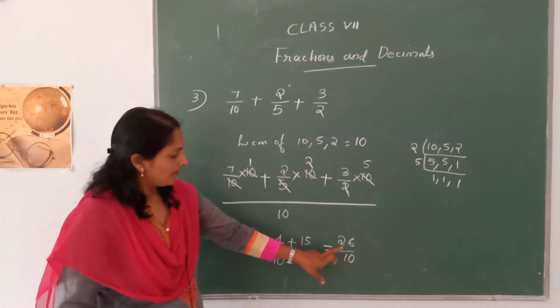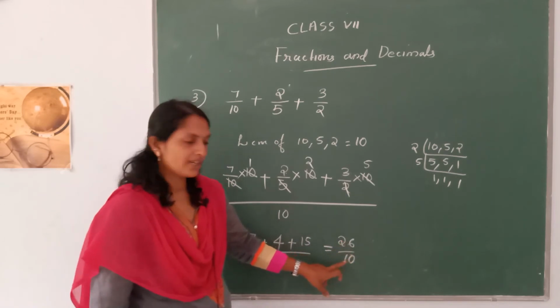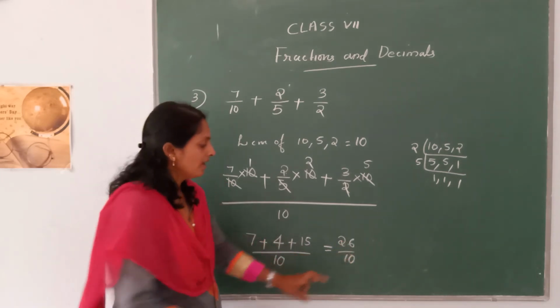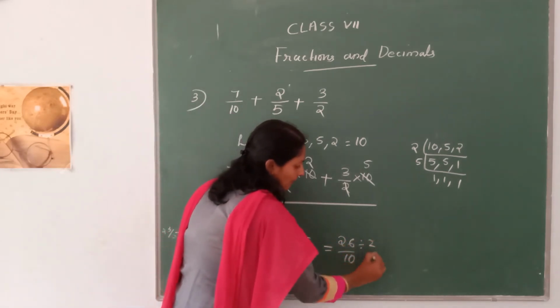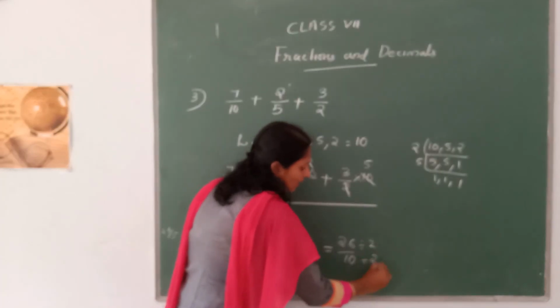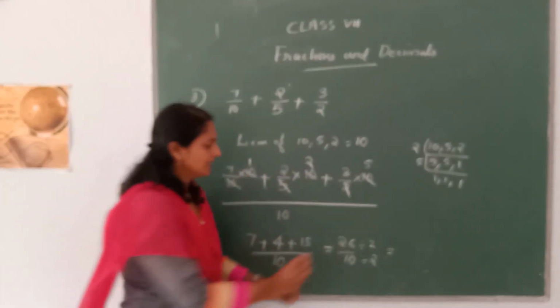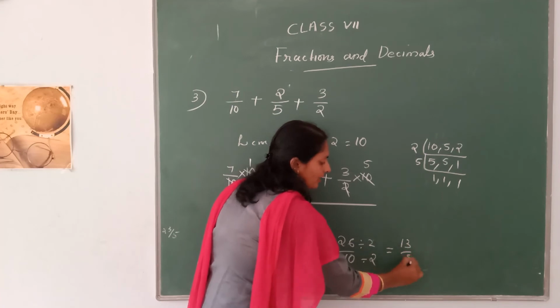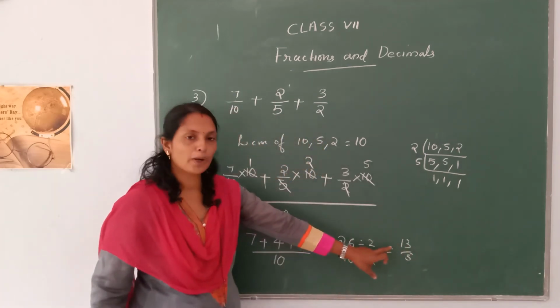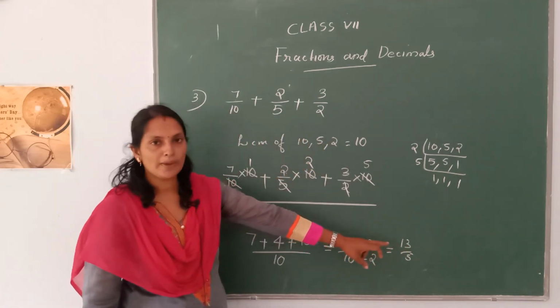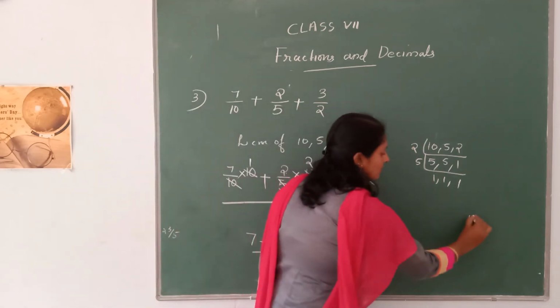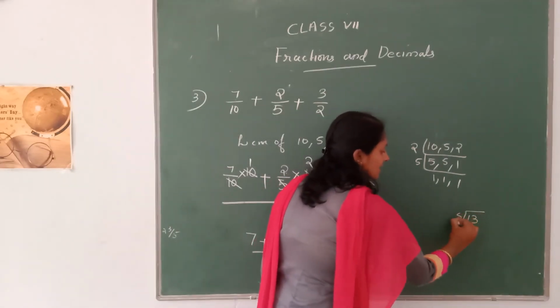Then the equivalent fraction of 26 divided by 10, dividing numerator and denominator by 2 we will get 13 by 5. You know that 13 by 5 is an improper fraction. Then you convert this into a mixed fraction. Then how to convert? Divide 13 by 5.